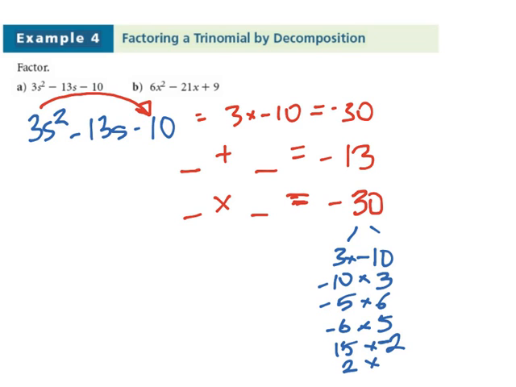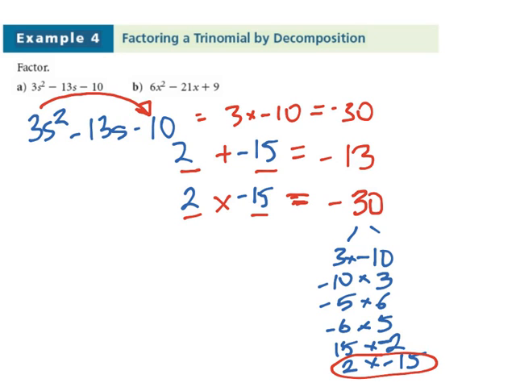And which of these will give us, when we add them, negative 13? And the answer to that is 2 and negative 15. This means that 2 times negative 15 will give us negative 30, and 2 plus negative 15 will give us negative 13.